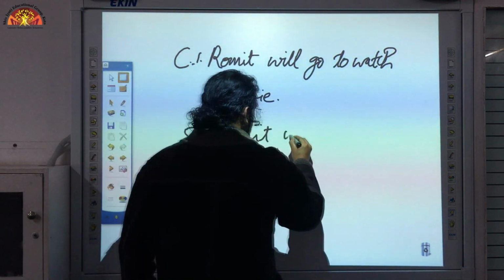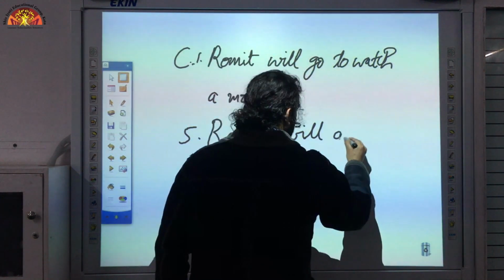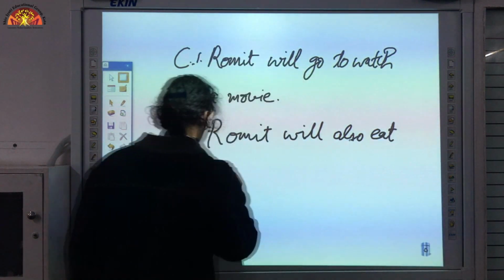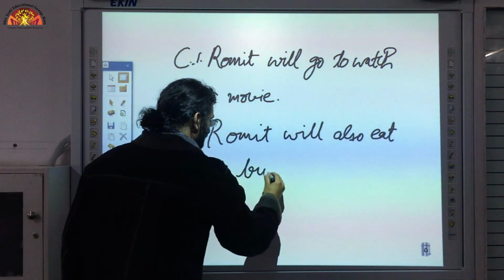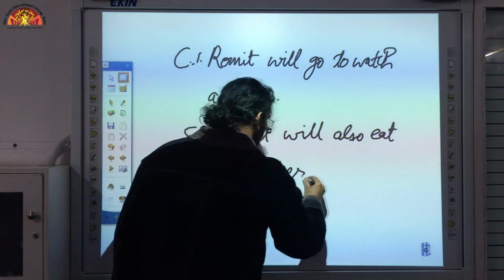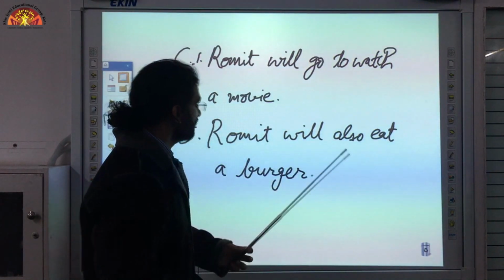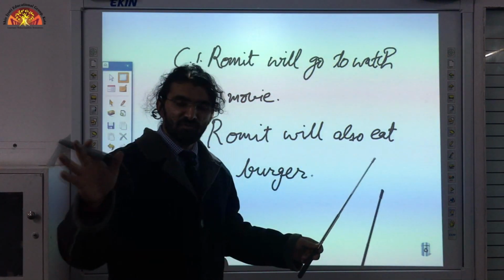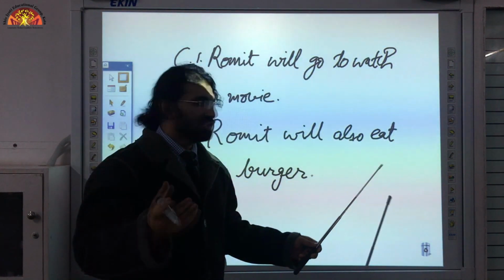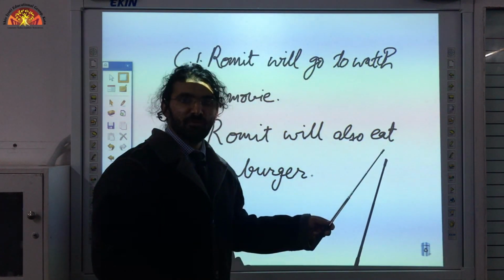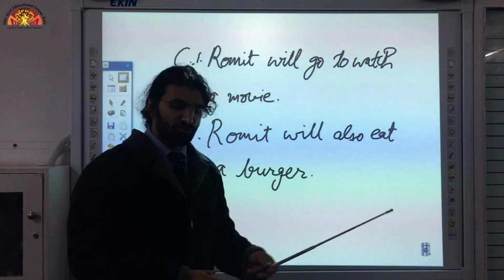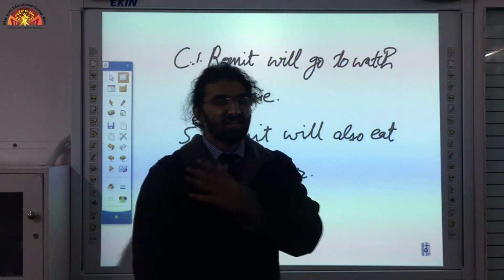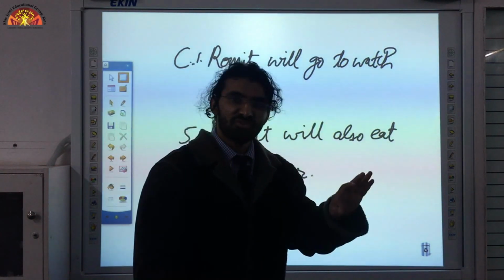Romit will also eat a burger. All you need to do is just to write will and forget about the past form of verb and bring in the base form of verb with will. Okay, that's how you will be able to convert a sentence from any tense into future tense.